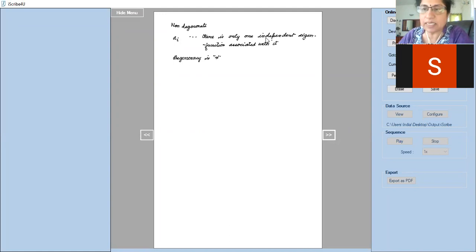So if the degeneracy is n, that means with ai there are n independent eigenfunctions associated with it.